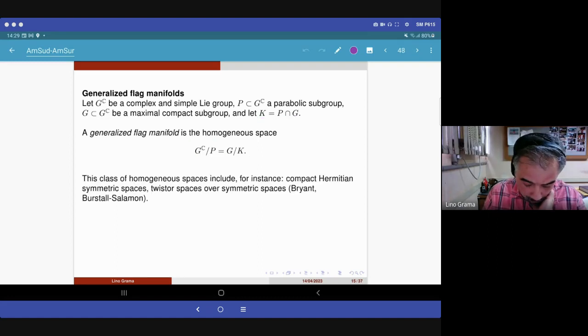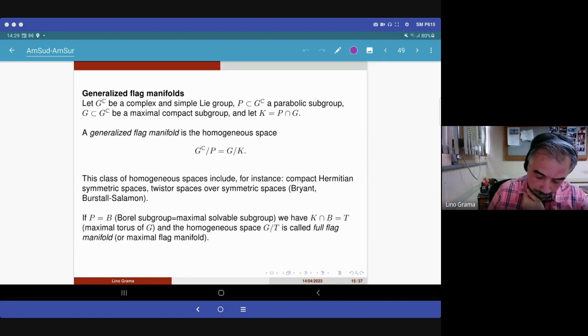This class is widely studied. For instance, compact Hermitian symmetric spaces are flag manifolds. Twistor spaces over symmetric spaces are flag manifolds. And the projectivization of the tangent bundle of spheres, some symmetric spaces, are flag manifolds, and so on. Okay.